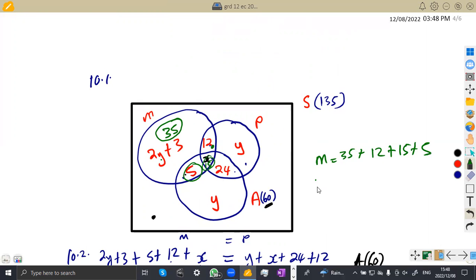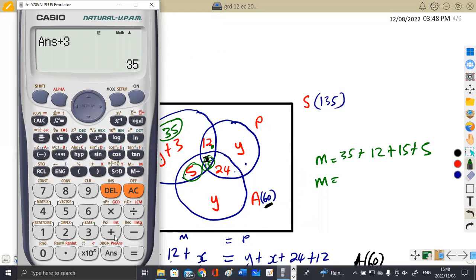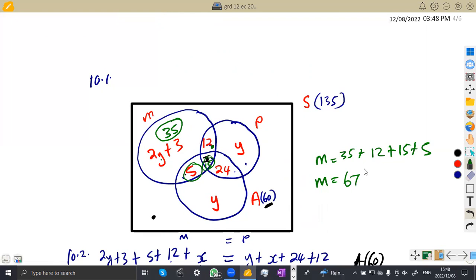So M is equal to 35 plus 12 plus 15 plus 5, which is 67. So in M, there are 67 students who take mathematics, not mathematics only, but mathematics. Take note, we are dealing with mathematics in general.